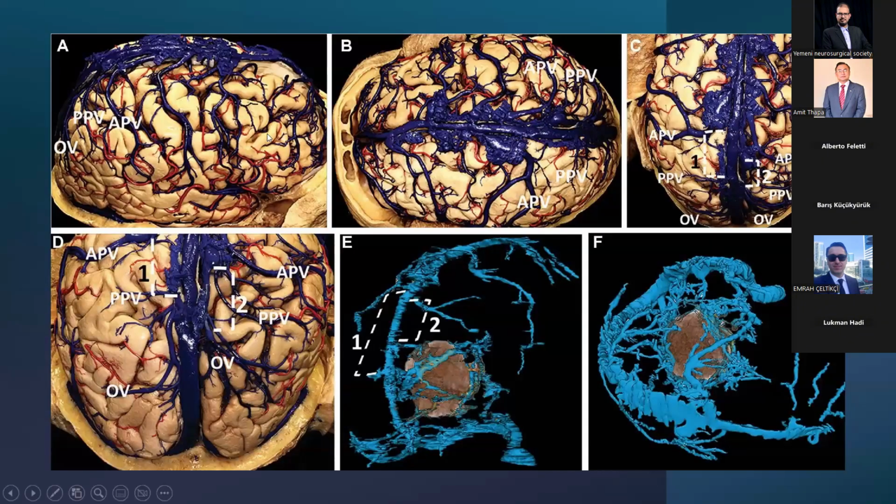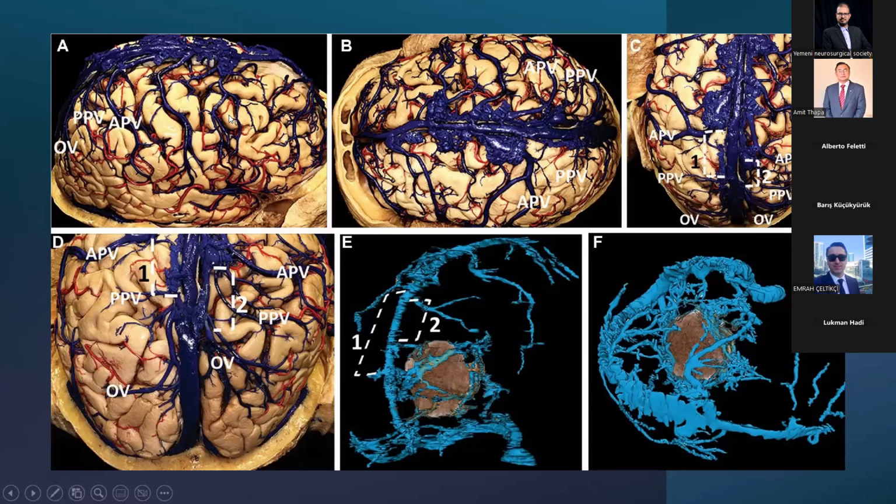So the superficial veins, from frontal to the occipital: the frontal part is a little low on venous drainage, but from frontal to posterior, the caliber of the veins increases.